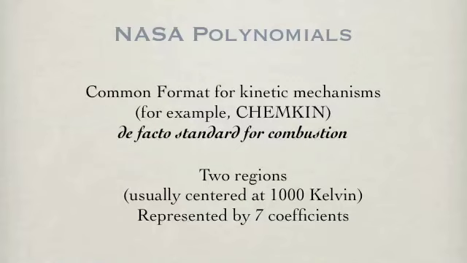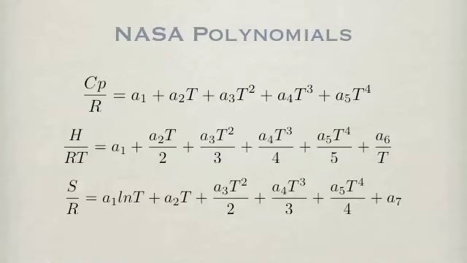Actually, other dividing temperatures can be used, but 1000 degrees Kelvin is most common. The polynomial is an approximation in each region having 7 coefficients. From the 7 coefficients, the dimensionless quantities related to the temperature-dependent heat capacity, enthalpy, and entropy are derived.